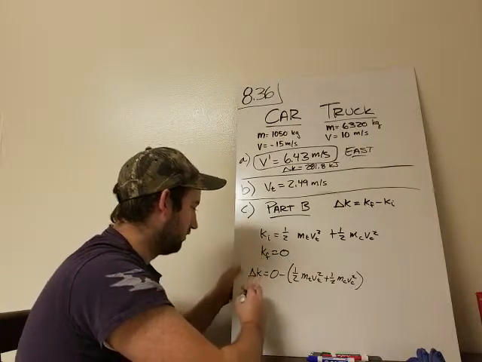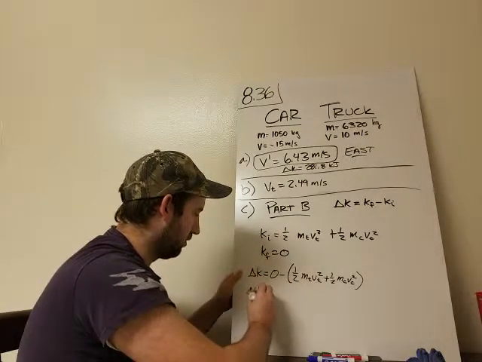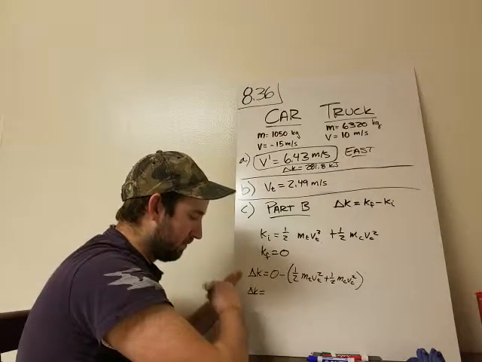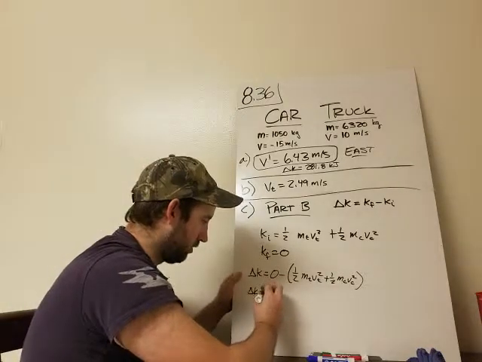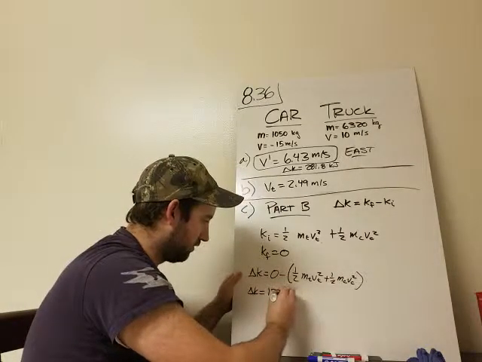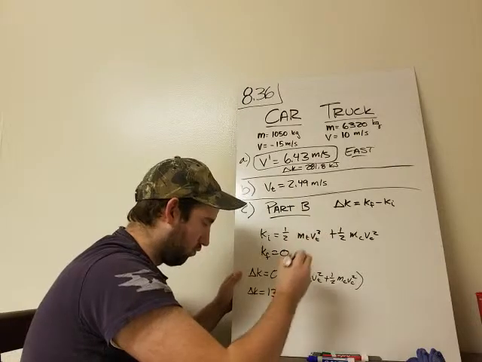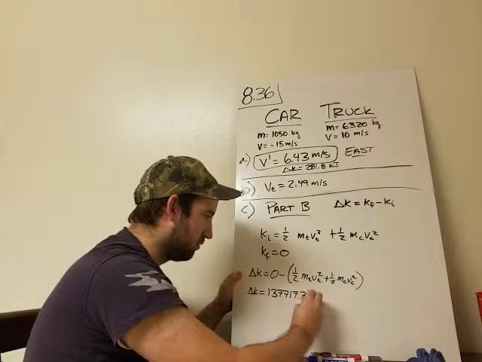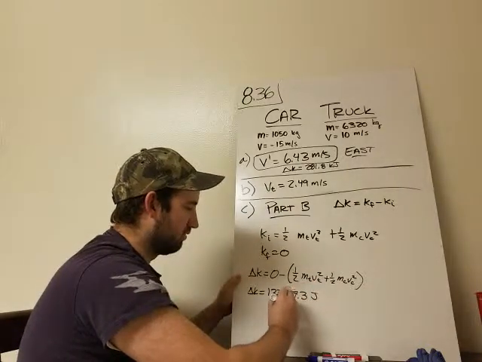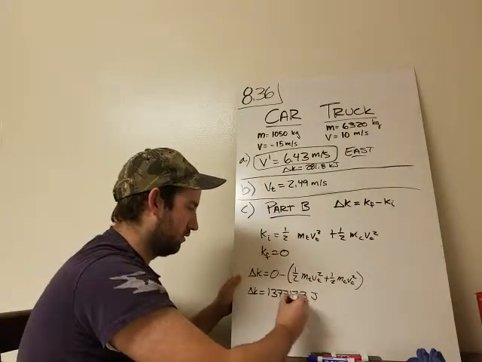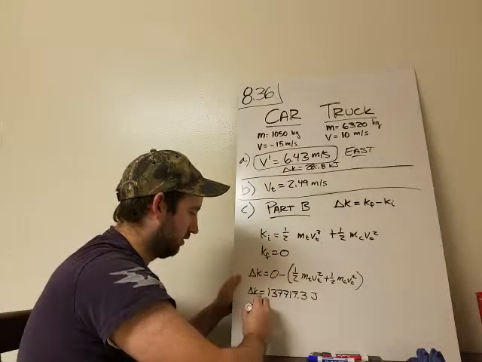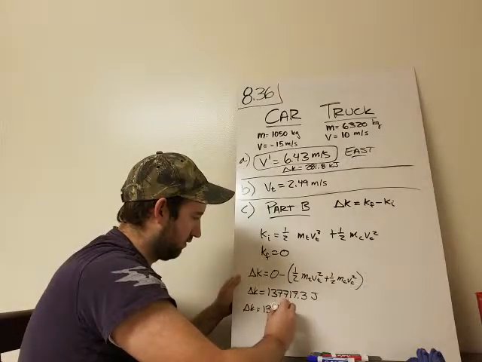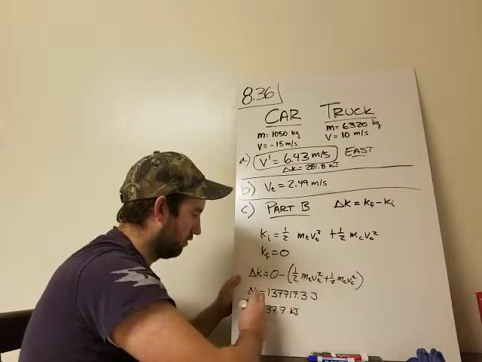So delta K is going to equal 137717.3 joules. Once again, put into kilojoules, make it easier to use. Delta K equals 137.7 kilojoules.